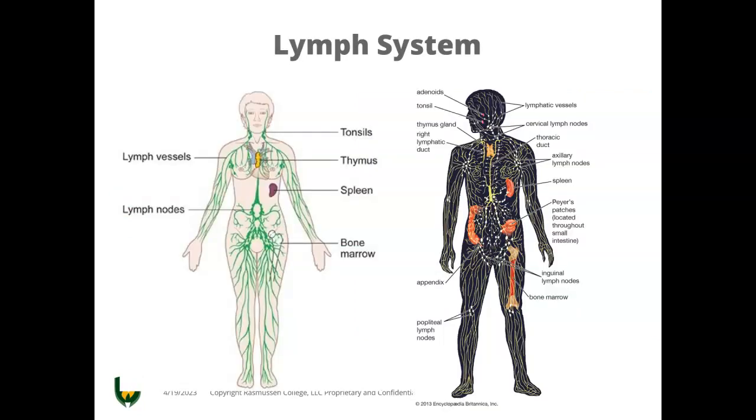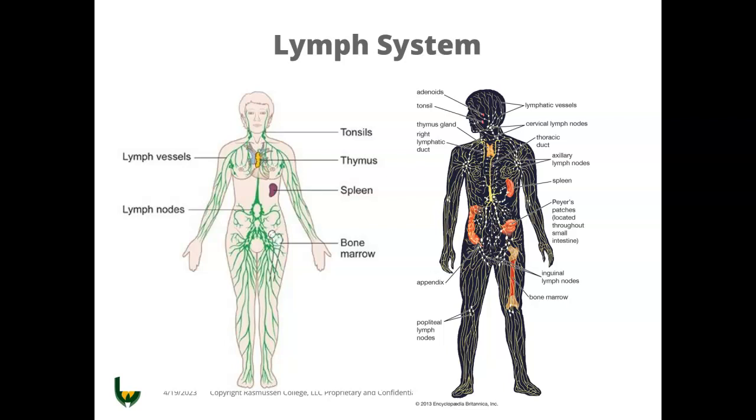The lymph system consists of a fluid called lymph, a network of transporting vessels called lymph vessels, and a multiplicity of other structures including nodes, spleen, thymus, and tonsils. There are 3 main functions of the lymph system.